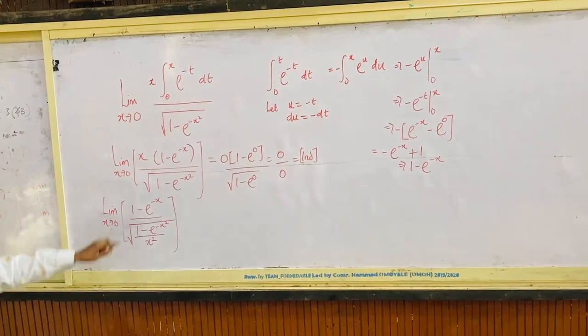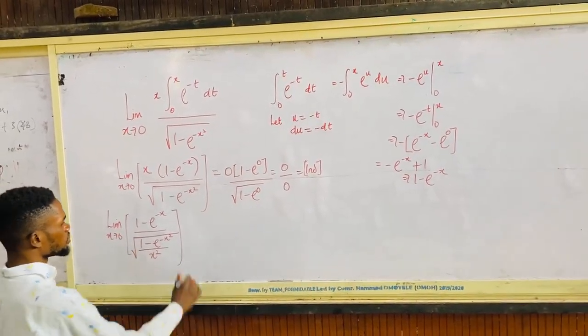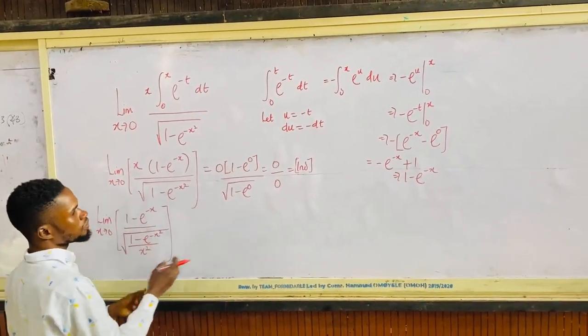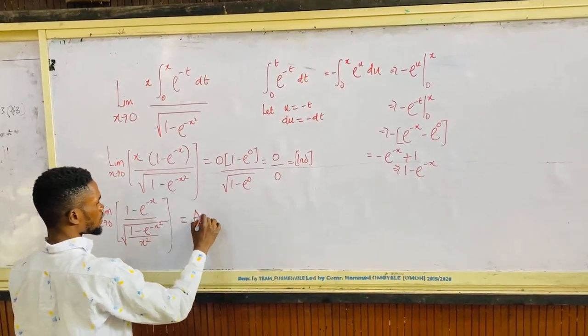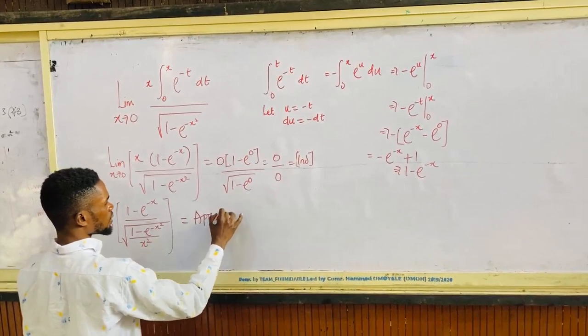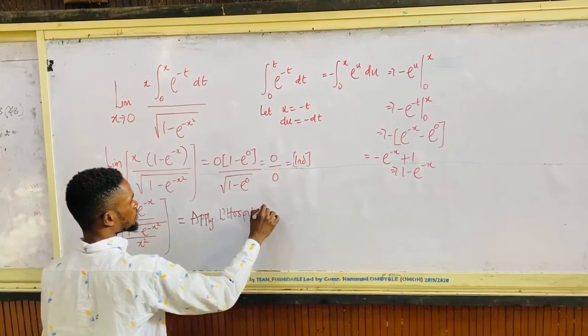Now, this is a rational function, and direct substitution gives indeterminate, 0 over 0. So we can apply L'Hospital rule.